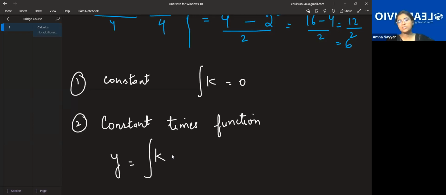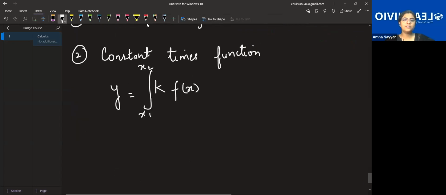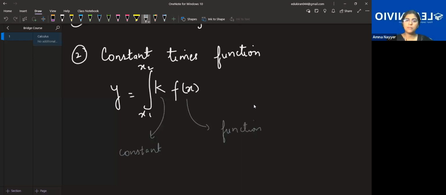This is integration of a function of some x, and limits are there from x1 to x2. Now, what is this case? This is a case where we have a constant term, and this is the function. Means constant times the function. We are multiplying it. What's the way to solve it is just keep it as it is.